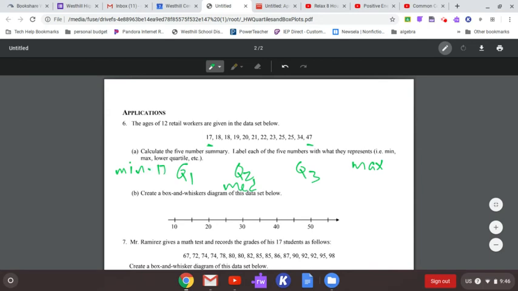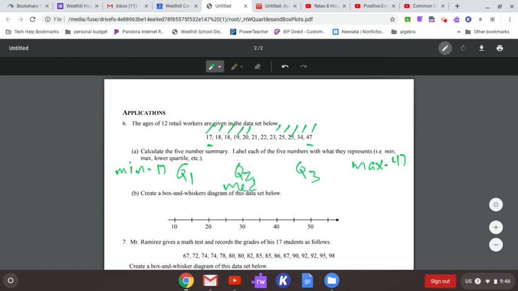Now it's easy to see since it's already in order. Our min is 17, our max is 47. So now we have to start figuring out Q1, Q2, and Q3. To find our median, we want to work our way in and find the middle number. So I'm just going to cross out above and below: 17, 47, 18, 34, 18, 25, 19, 25, 20, 23.